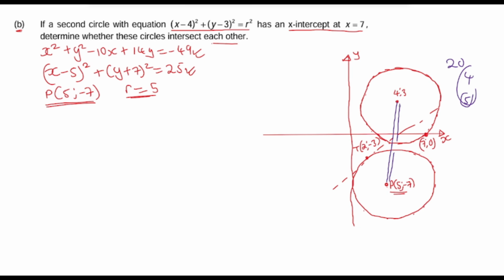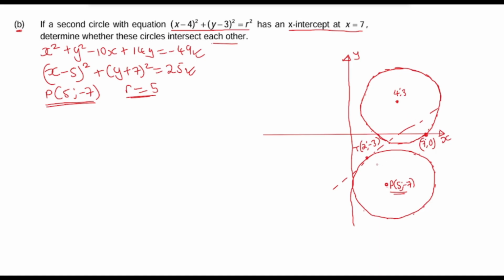But let's say the radius of this one is, for example, 17, and this one is 5. Then 17 plus 5 is 22, and the distance between the centers is 20. It means the circles will be intersecting. What we're going to do here is to find the length of the radii.